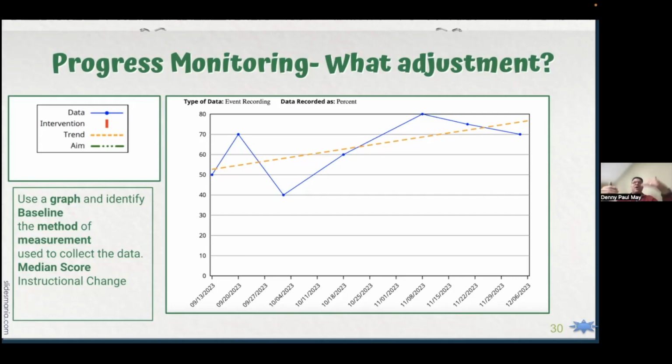And so if they're well below the aim line, then we're going to put a vertical line, a red intervention line in there. And in our analysis, we'd say, okay, unless something's going on with this student, unless something's going haywire in their life, for lack of a better way of saying it, unless there's been a death in the family, or the student missed several days of instruction, or the student had a breakup with a girlfriend or a boyfriend.